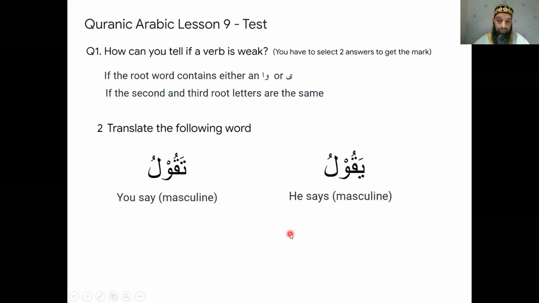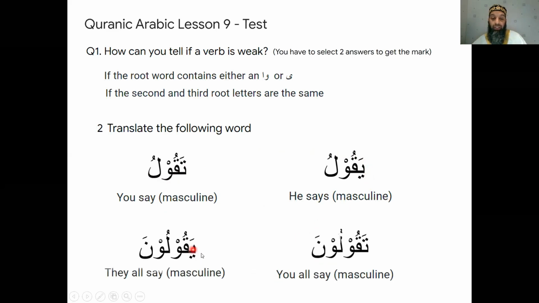Translate the following words. Taqulu, you say, masculine. And what I want to highlight here is this one. It's the same, but it begins with a ya. So this is third person. You say, he says. Again, yaquluna, they all say. Taquluna, you all say.